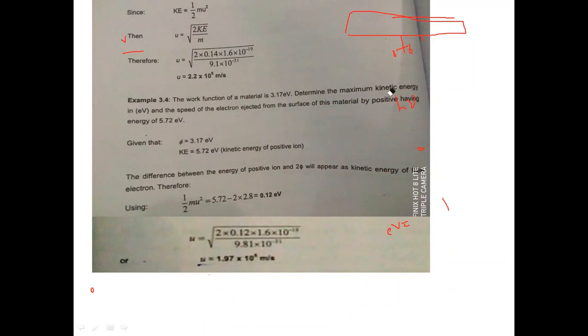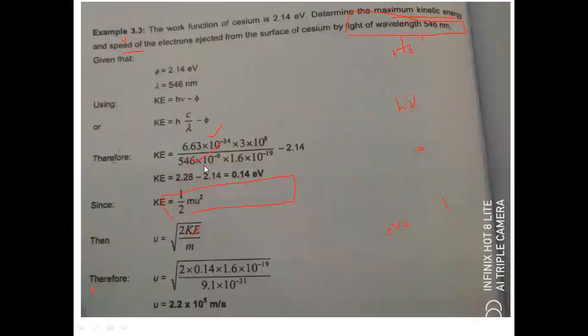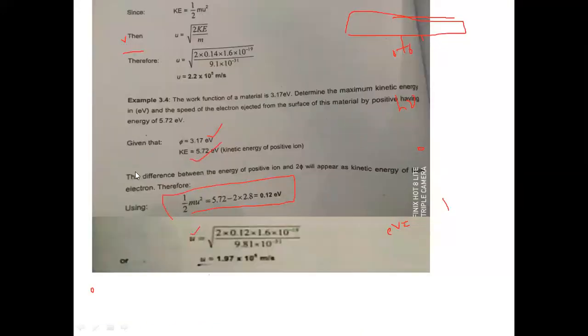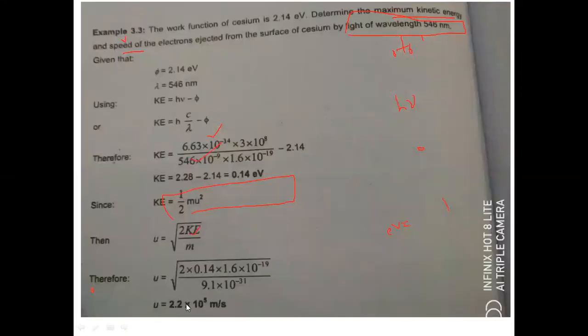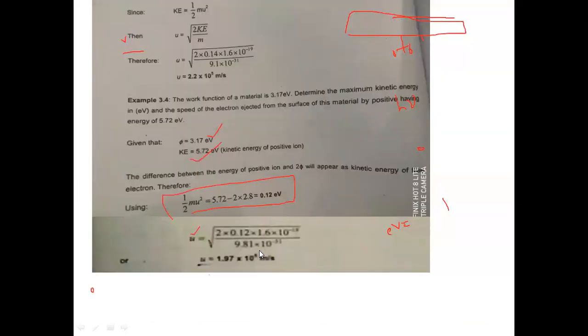So it is easier than the previous one. We just use the formula of the previous example. In 3.3 we had to find the kinetic energy, but in 3.4 the kinetic energy is already given, so we just have to find the speed using this formula. So this is easy. If you have any questions, you can ask.